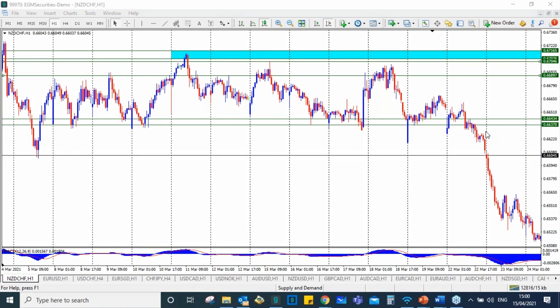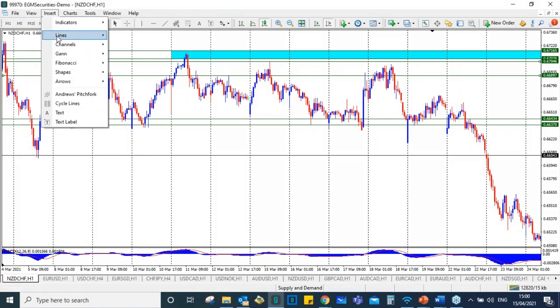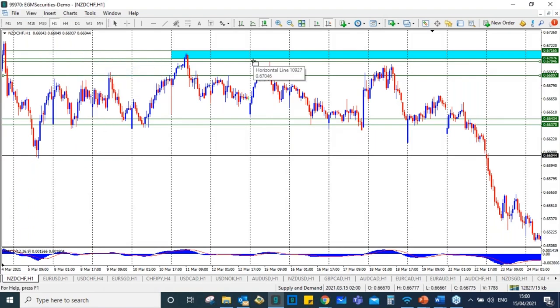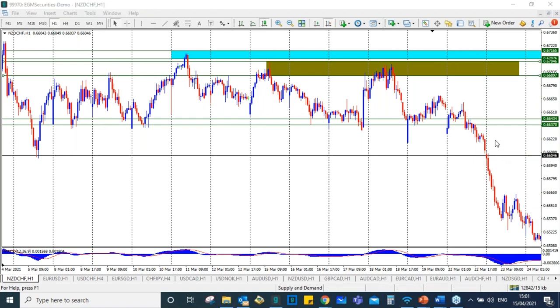As you can see, if we had marked this zone, we could have been able to get this retest. Price rallied, it made a base, then it made a rally by two long bearish candlesticks.